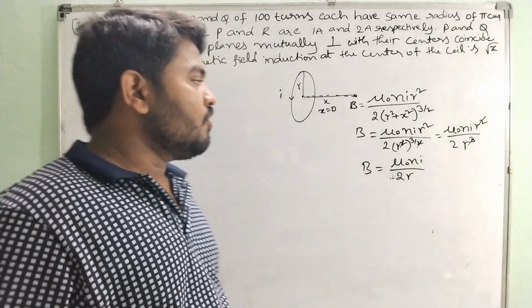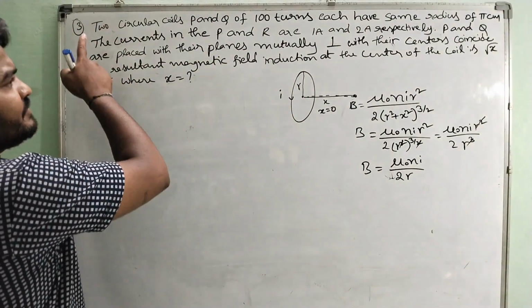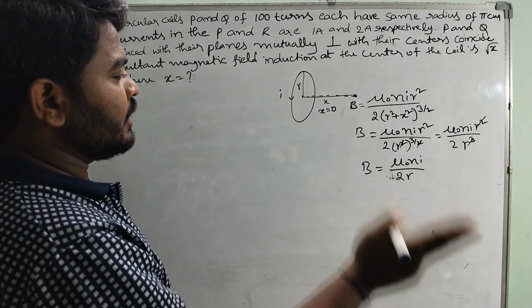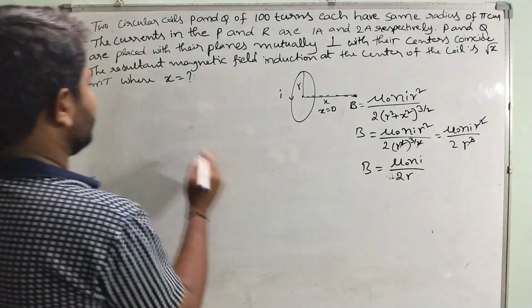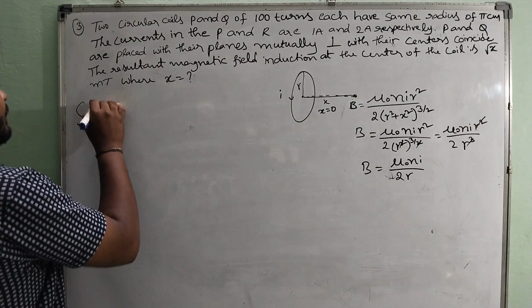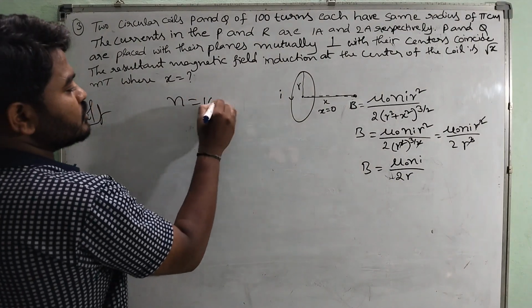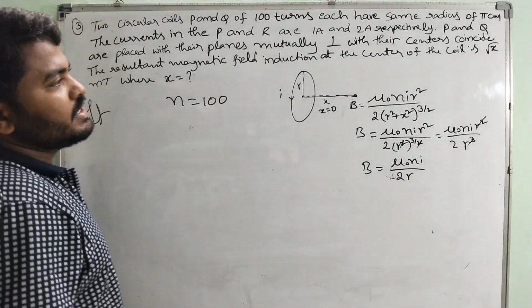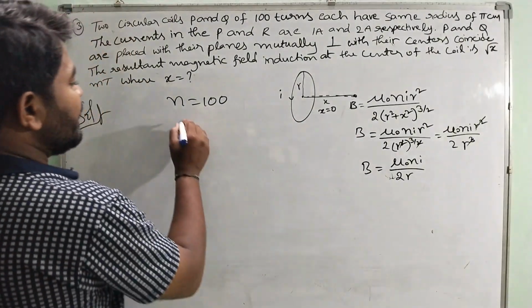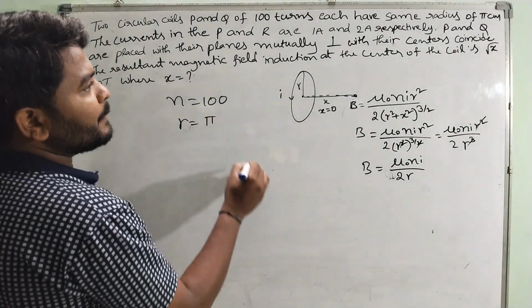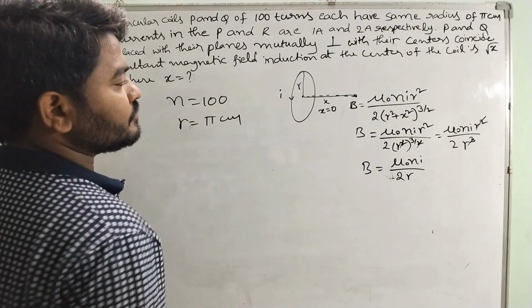Clear? Now there are two coils called P and Q. Number of turns are 100, that means N equals 100. Each has the same radius of pi, R equals pi centimeter.